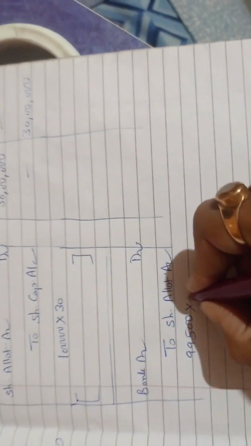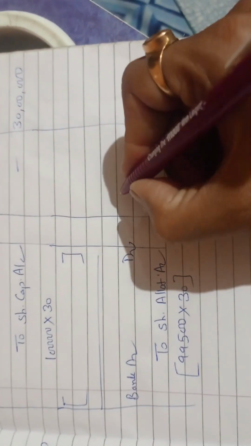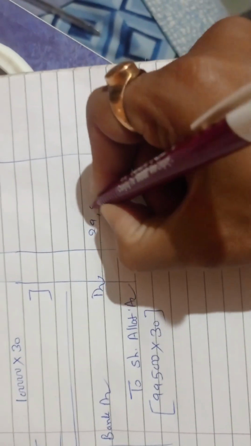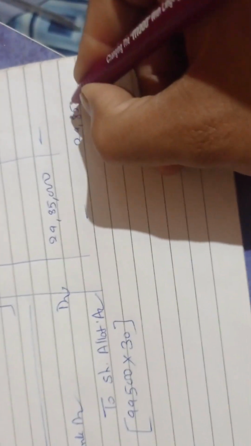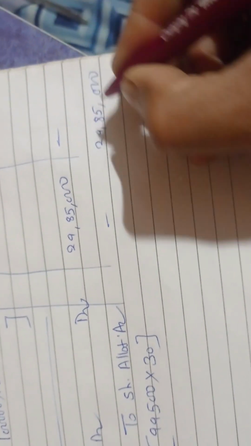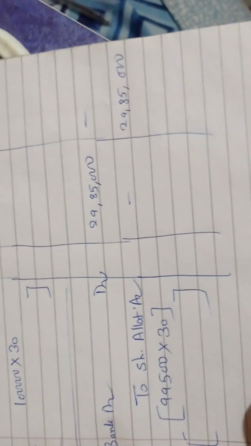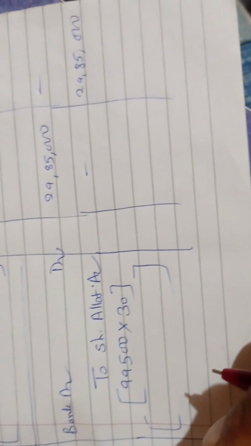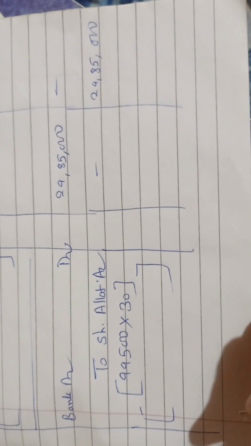Then 99,500 multiplied by 30, it's 29 lakh 85,000. And after the journal, what narration will you write? Allotment money received on 99,500 shares.